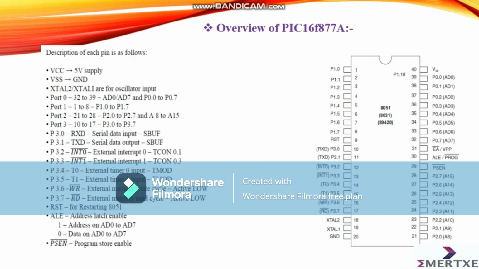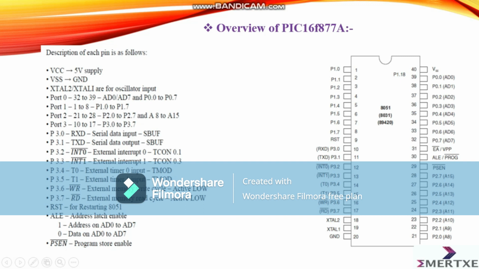Next is an overview of the PIC16F877A diagram. There are 40 pins available. The VCC pin is a 5 volt supply, and VSS is ground. Then XTAL2 and XTAL1 are for the oscillator input.